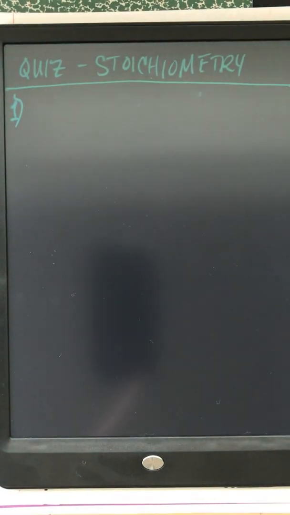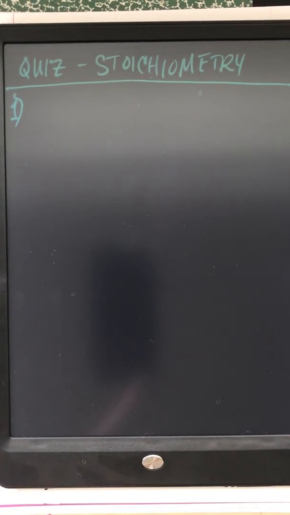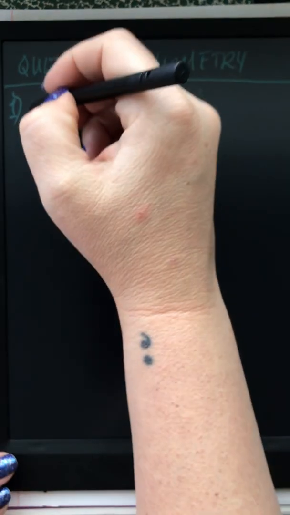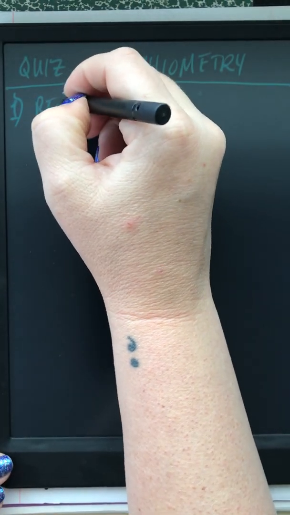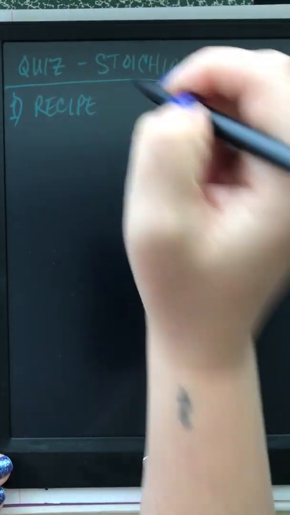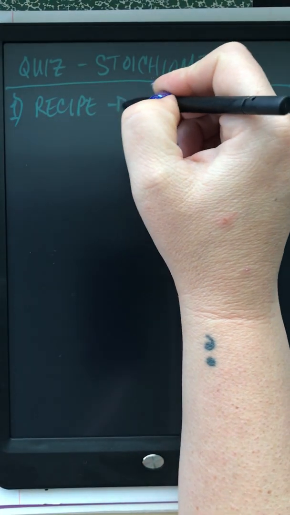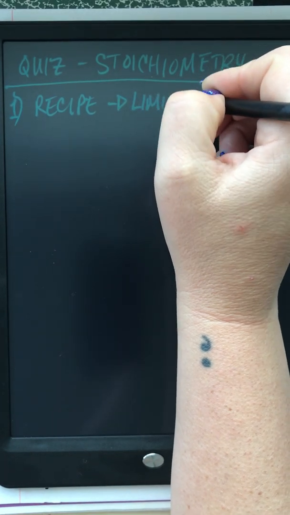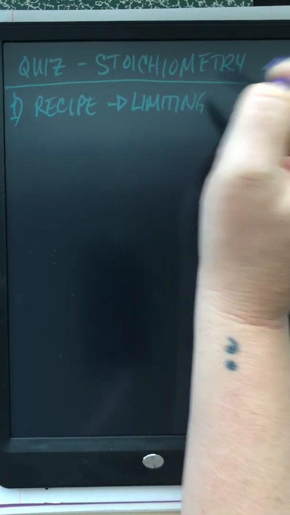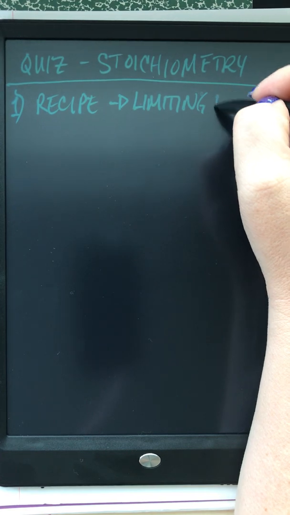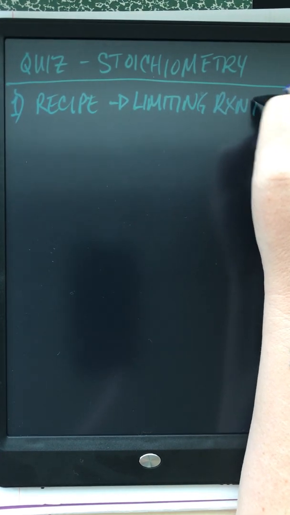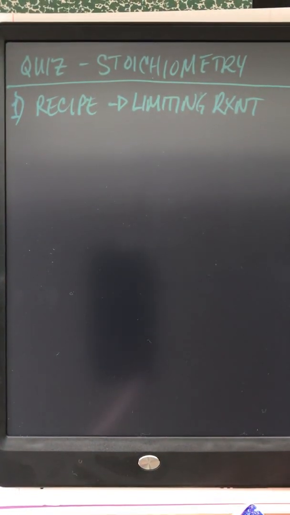So the first question on the quiz was basically about a recipe. Different recipes, different amounts, but the idea is that it was a limiting reactant type of problem, okay?